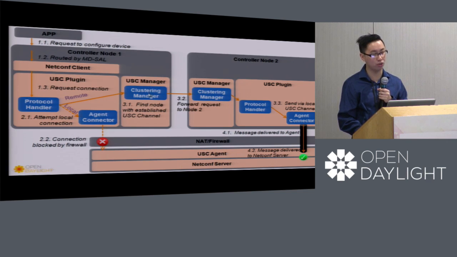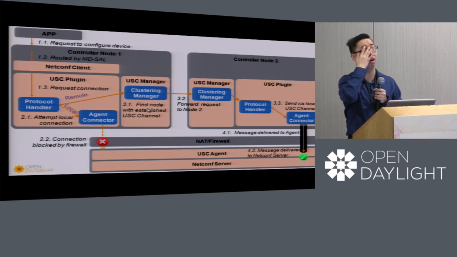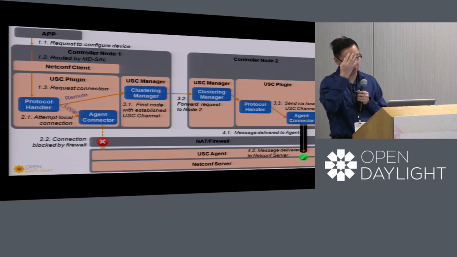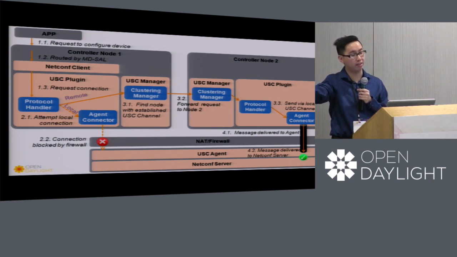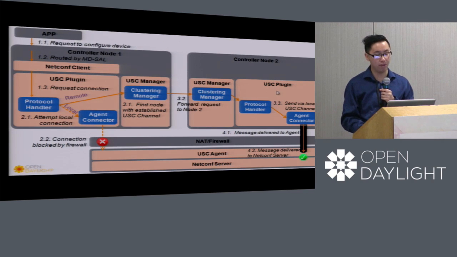So it sends it over to our USC clustering manager, which will go in and through a lookup, we have a hash table where we map the node and the controller that it's in. So we do a lookup and we've determined that it's actually in controller 2. So then we send a message to the clustering manager, which sends it back to controller 2's protocol handler and then sends that message along the way to the device itself.